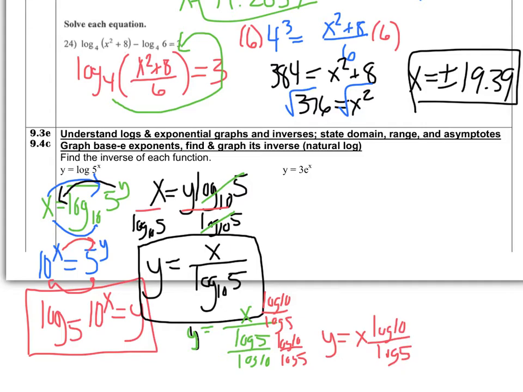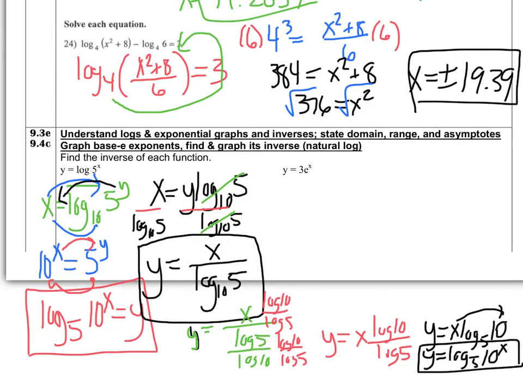So watch this, this is kind of interesting. It goes y equals x log base 5 of 10. Now bring this x up, and the answer will be written as y equals log base 5 of 10 to the x power. And that is actually the same answer we just got here.